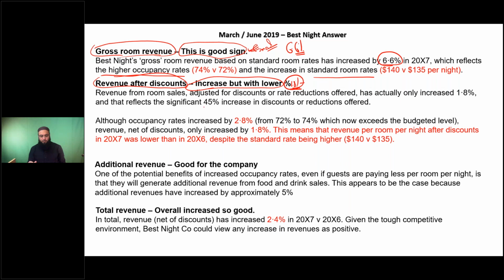So we will say this is because of the 45% discount that you gave, which became the reason for this just 1.8% increase. So don't be happy by seeing this. This is the genuine thing you have, and the massive reason is 45%.